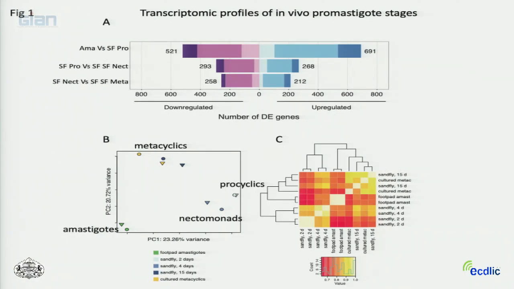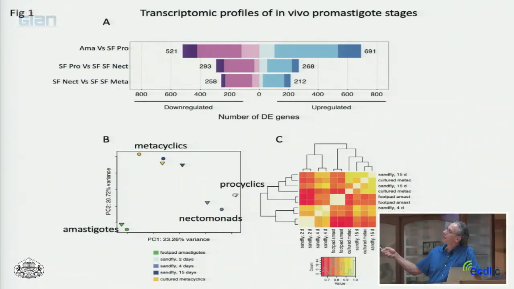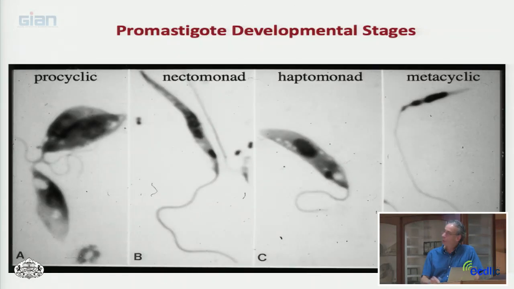We've done some transcriptomic analysis of the in vivo promastigote stages. So I want to remind you that people who work on Leishmania, we're fortunate in that the insect stages are easily grown in cell-free cultures, in axenic cultures. We don't get to appreciate in in vitro cultured forms all of the subtleties, the nuances of promastigote differentiation.